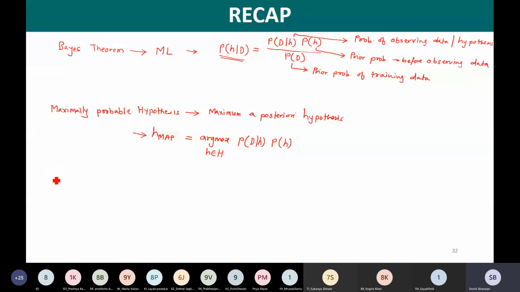Further, we simplified this expression of HMAP and we came up with HML. What is this HML? HML is the maximum likelihood hypothesis.